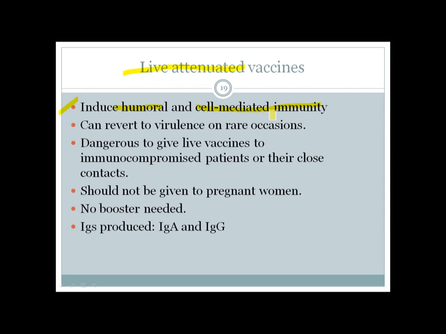But if you give a live vaccine to someone who is immunocompromised or a pregnant lady, this virus can revert back to virulence on rare occasions. That's why you shouldn't give live vaccines to those kinds of patients. Another advantage is you don't need any booster, and two types of immunoglobulin are produced, IgA and IgG.